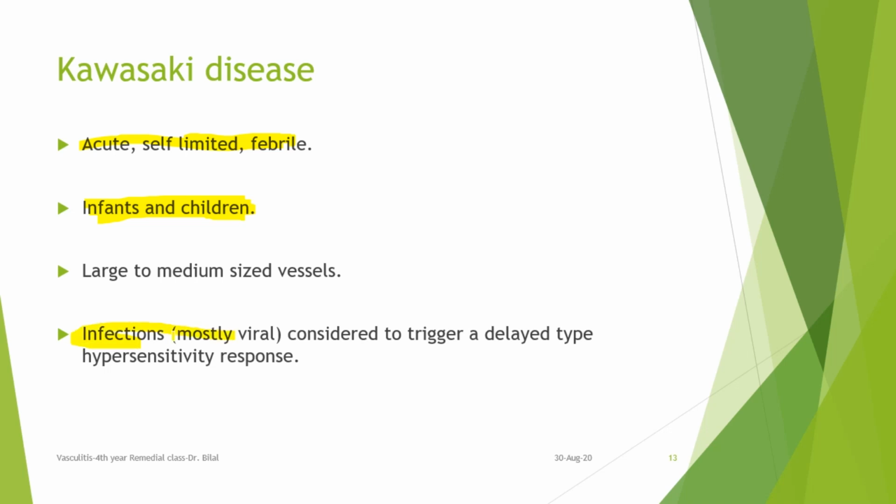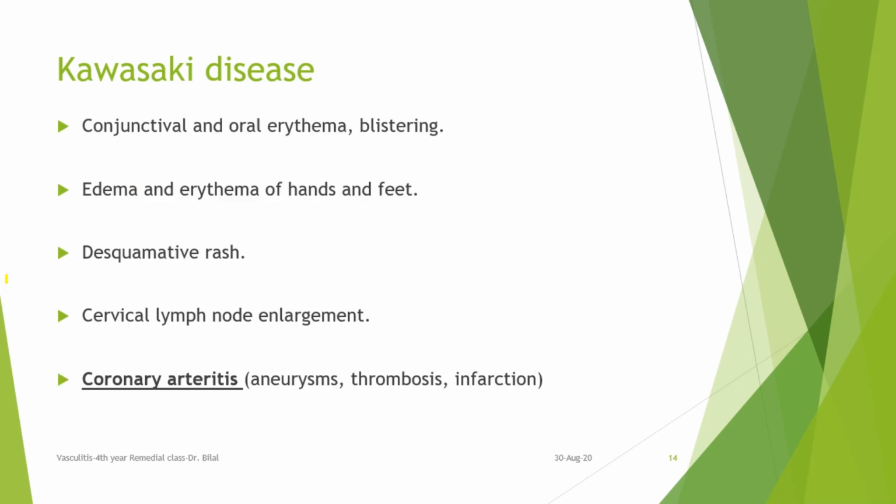Infections, it is said, mostly viral, may be considered a trigger in a hypersensitivity response. It affects children. One most important thing, and the second most important thing is that it affects the vessels of the heart. MI in a very young child is highly unlikely to be due to atherosclerosis.